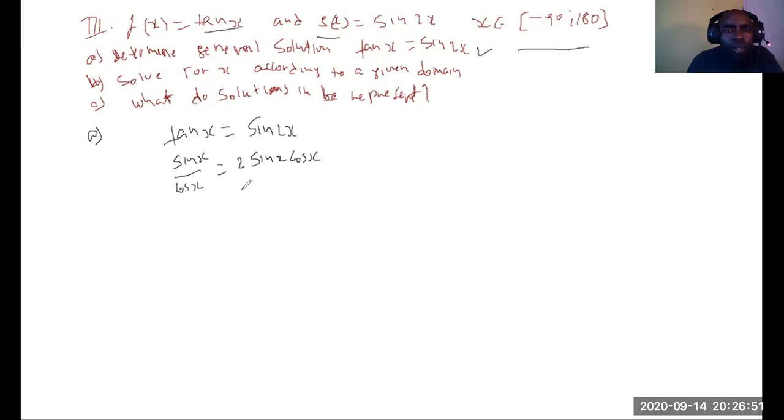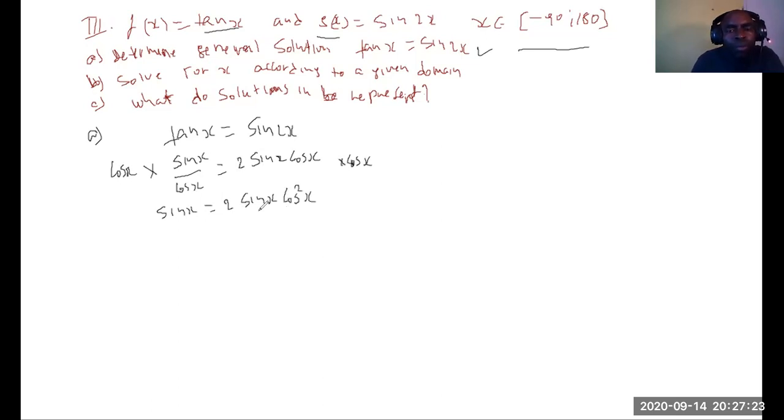Now we go to our knowledge of grade 9 to get rid of fractions. Basically, multiply here by cos x. We also multiply here by cos x. So what we have here would be sin x equal to 2 sin x cos square x.